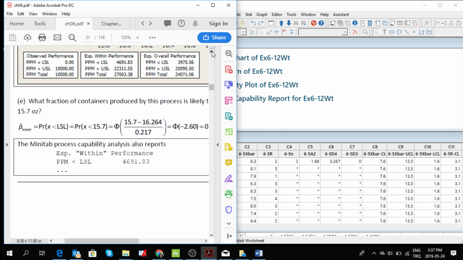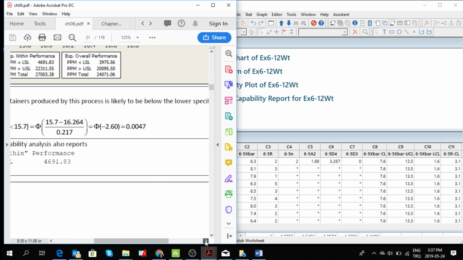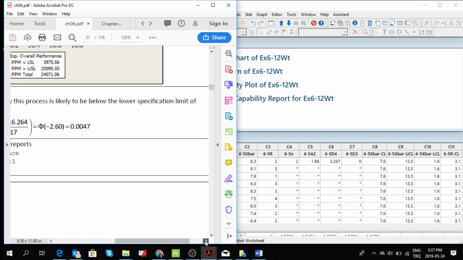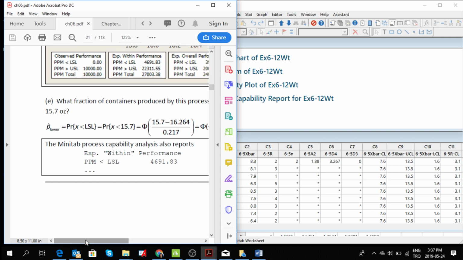So what does the question say? What fraction of containers produced by this process is likely to be below the lower specification limit of 15.7 ounces? So we have this, the probability for the lower specification limit, it's the probability that X is going to be less than the lower specification limit, which is 15.7.